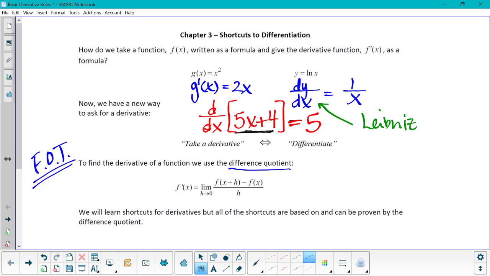So every derivative rule could be defined, or we could come up with all these differentiation rules using that definition, but many of them are very, very tedious, so we do not use that to find all of our derivatives. But we do have these shortcuts, which many of them can be proved using that definition or other rules.